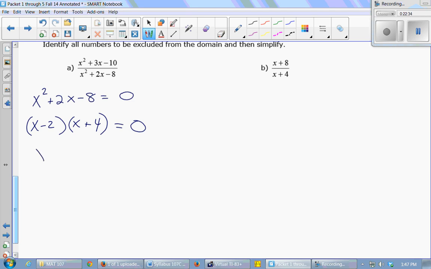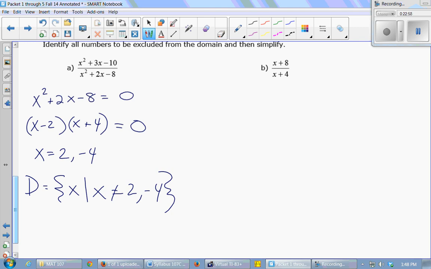So then you say, okay, x equals 2 and -4. Set each of those factors to 0 and solve. And so these are my excluded values. So my domain is the set of all x's such that x does not equal 2 or -4. And you can write or you can use a comma. They're both acceptable.